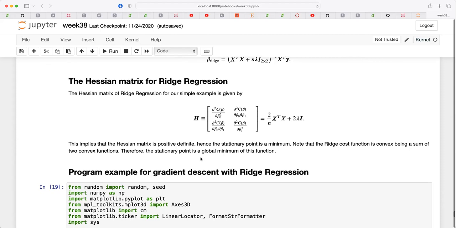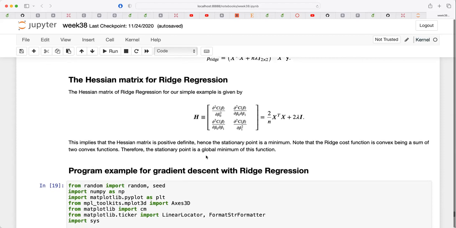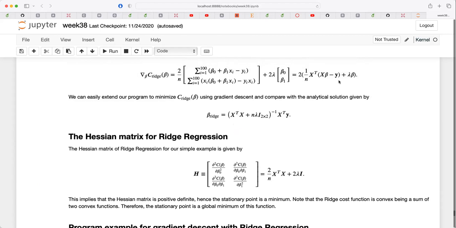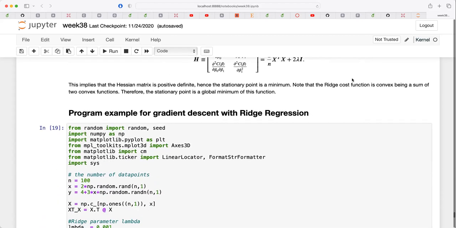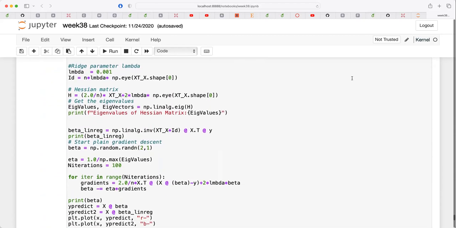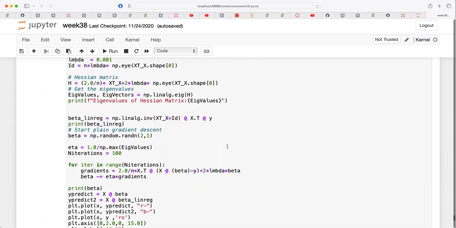The stationary point is a global minimum of that function. So the only thing you need to do now is simply to add this term with 2 times lambda times the parameter beta. That's the only change you need to do in the calculation of the gradient. If you look at this example, you simply have to make a loop over lambdas, and you have this lambda multiplied with the parameter beta.